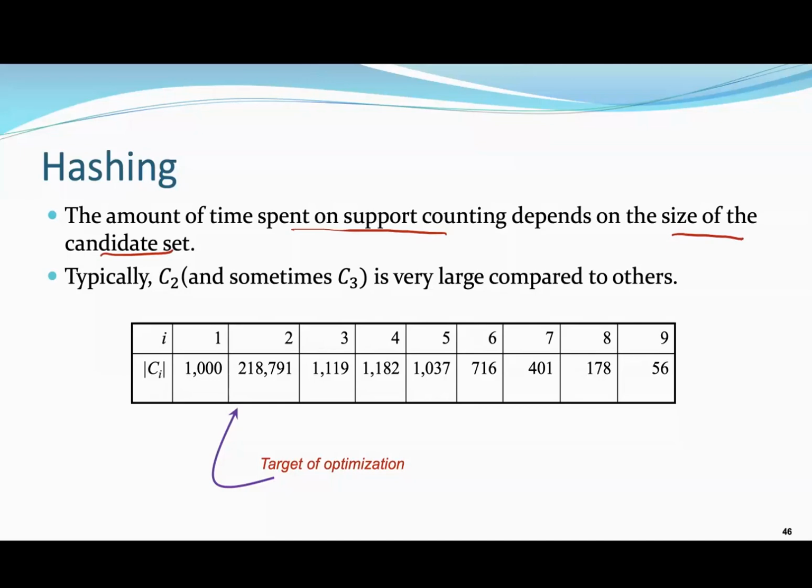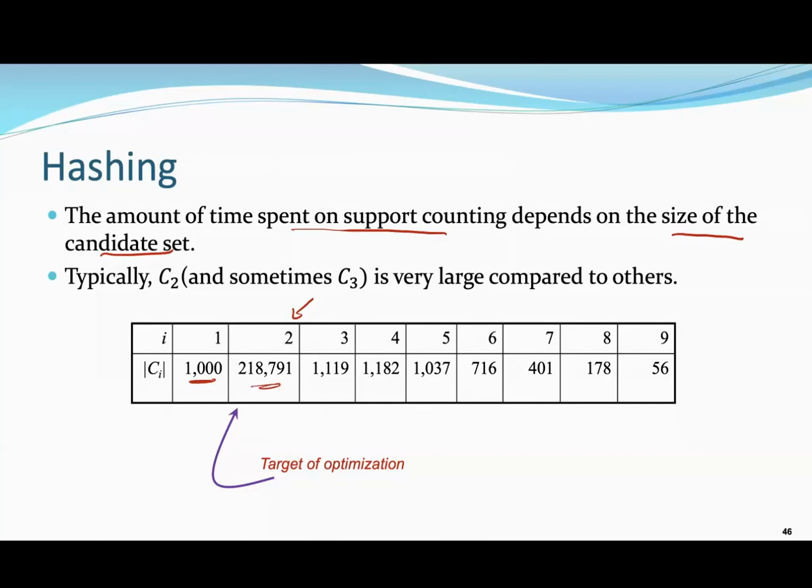In this example, the supermarket carries 1,000 different items, and therefore there are 1,000 different counts in C1, one for each item. If you look at this table, you see that the second iteration is very large. In terms of the number of candidate item sets, it's more than 200,000 in this particular example that we did as an experiment with some specific supermarket data set.